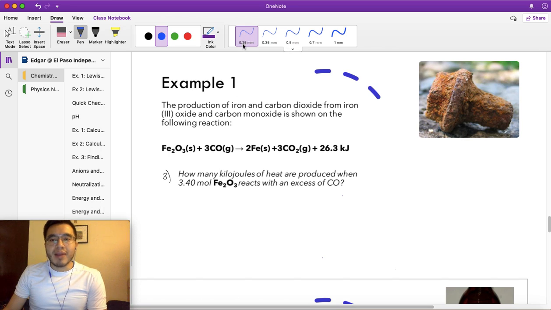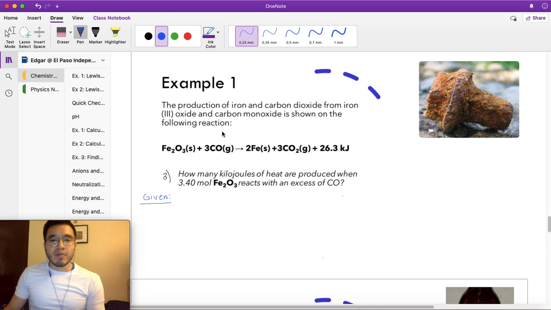So I listed these steps on an example in the notes. Now we're going to follow the same steps. Step 1, as usual, we write down the given information by the problem.